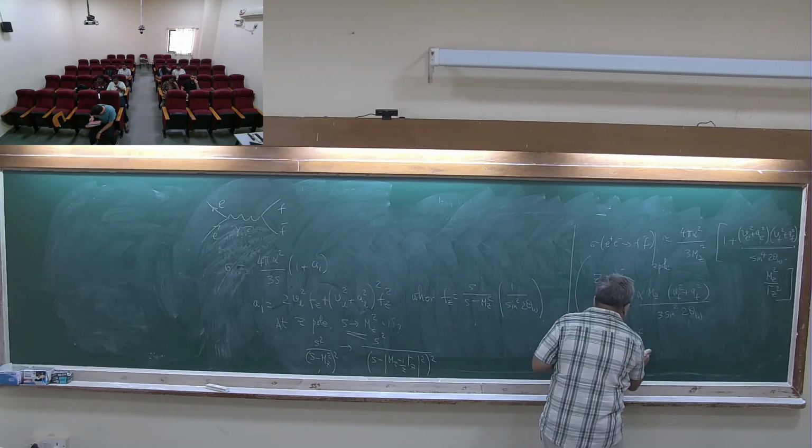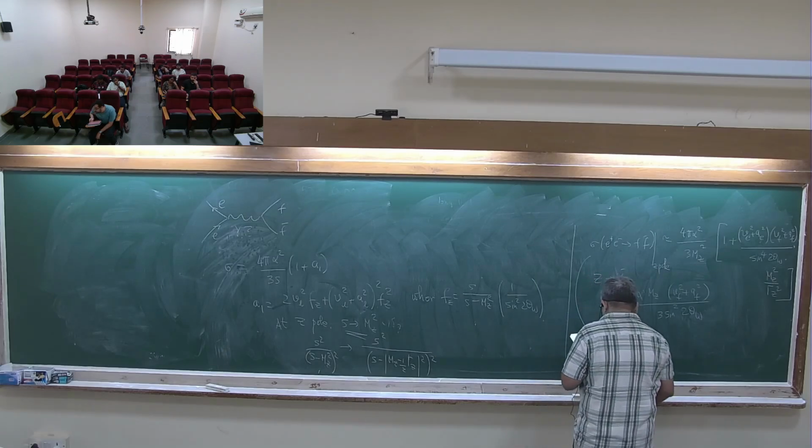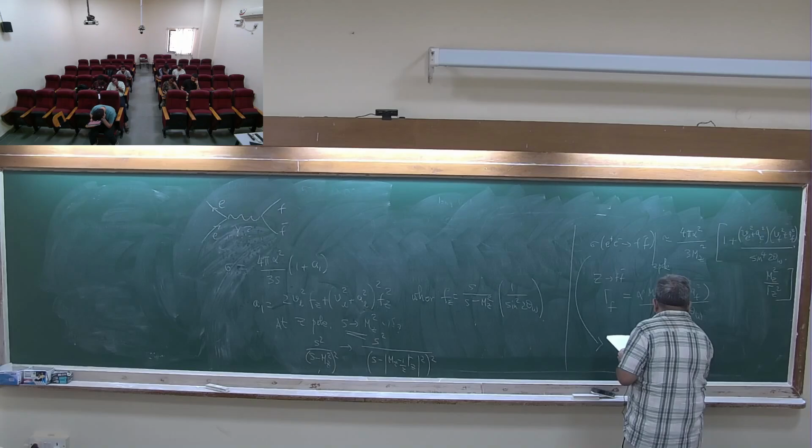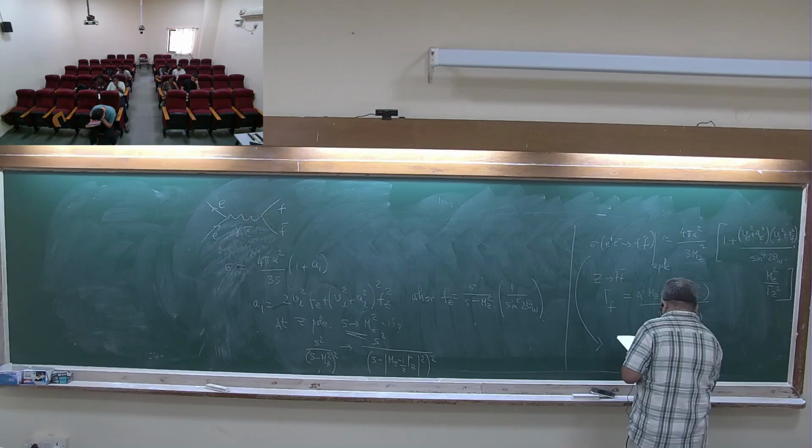The peak cross section, we call it sigma max, is equal to 12 pi by mZ squared times Γe Γf by Γz squared.